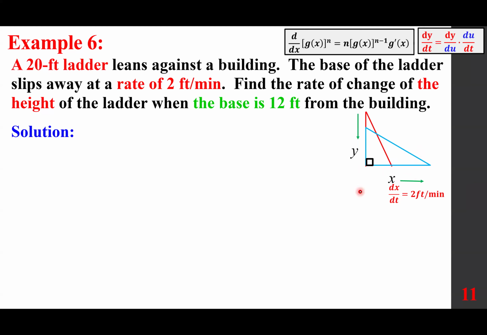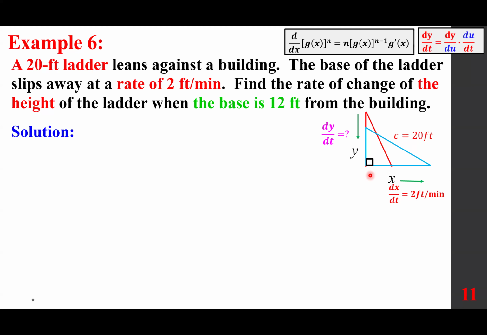As this comes down, it creates the speed dy/dt, because we call this side y. The height is h or y or whatever you want to name it, dy/dt. And c is fixed, 20 feet. So we are ready to write the given symbolically. dx/dt is 2 feet per minute.